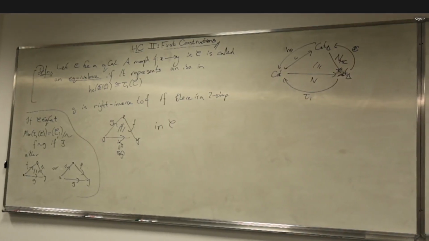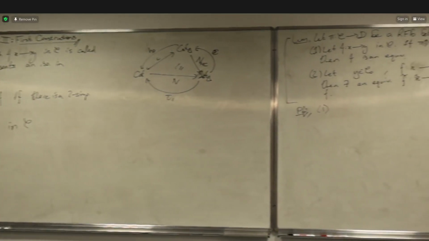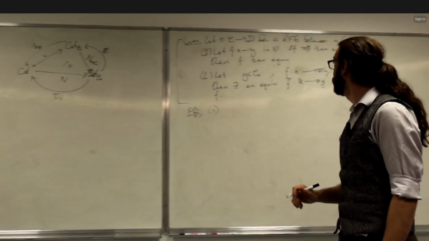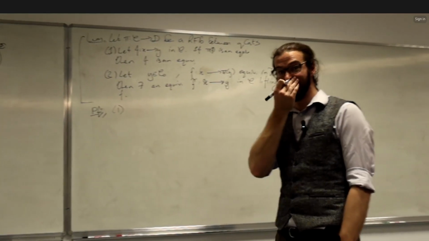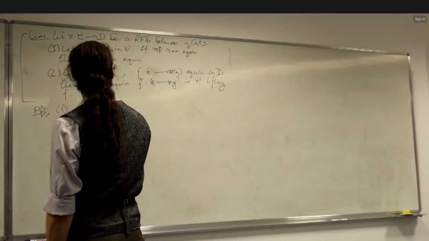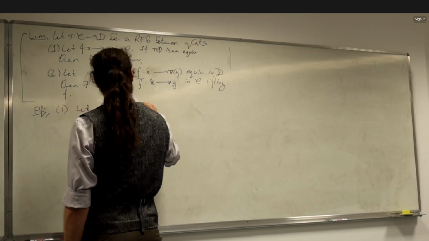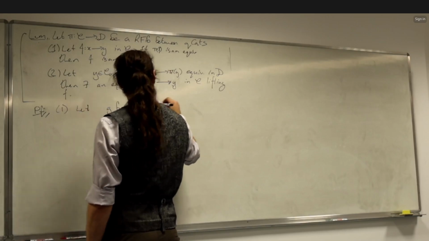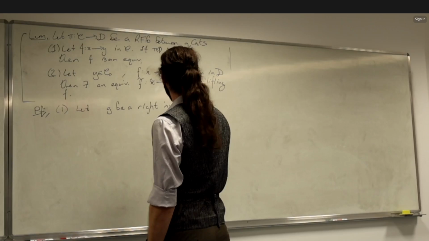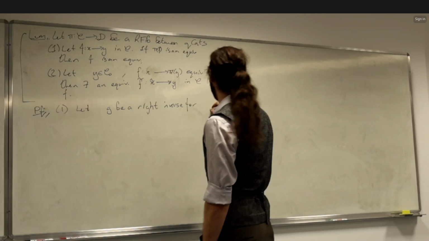Other questions before I continue with the proof? Okay. So, to prove statement 1, this turns out to not be too hard. Let G be a right inverse for f.